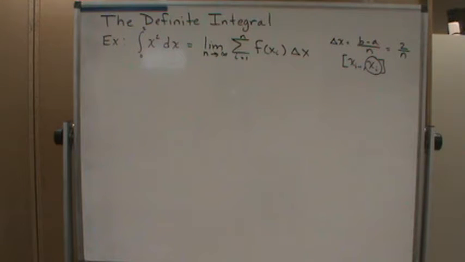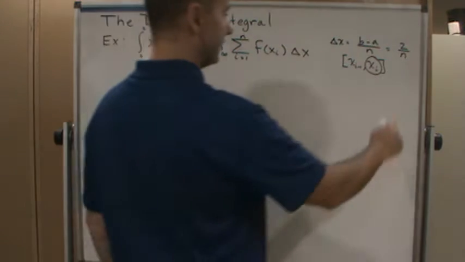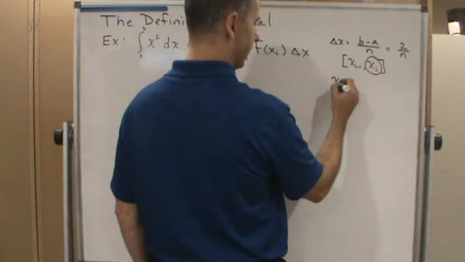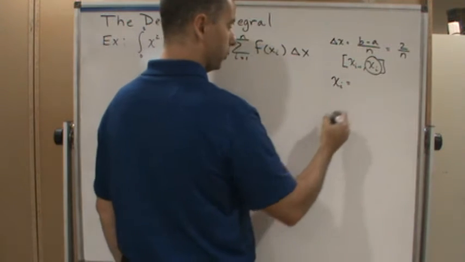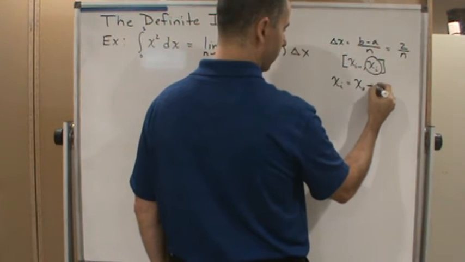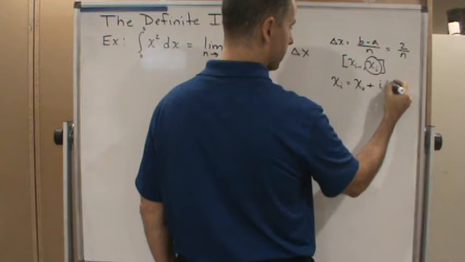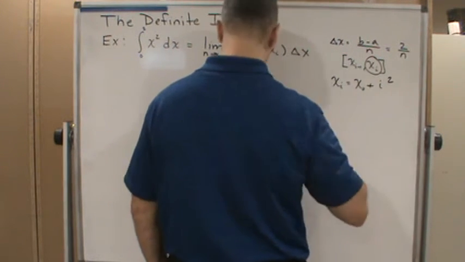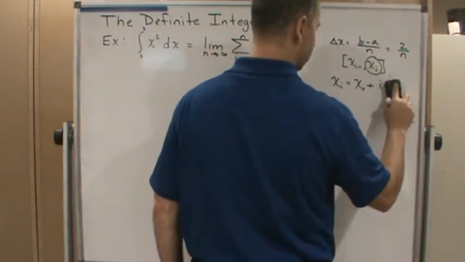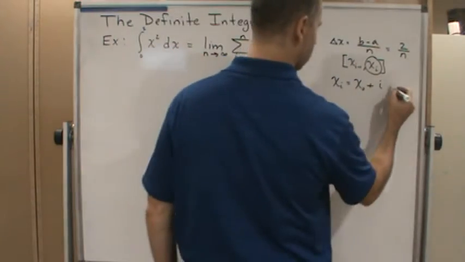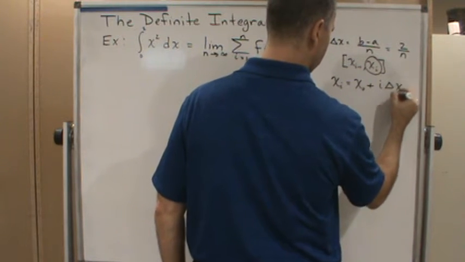Okay, so now, how are we going to find the partition? We need to find the regular partition, right? Since this is delta x, we know that x sub i is equal to x sub 0 plus i times delta x, right?